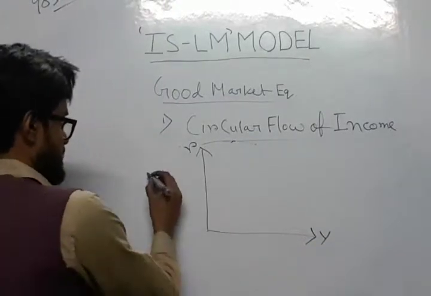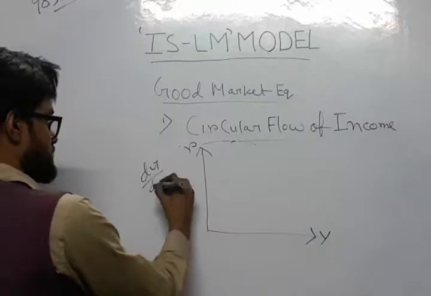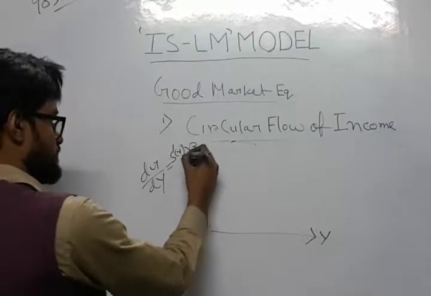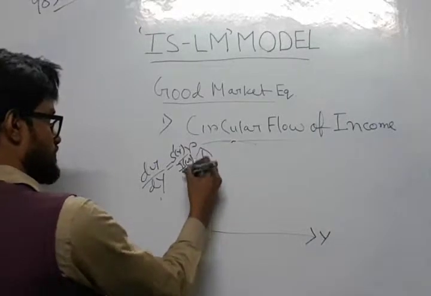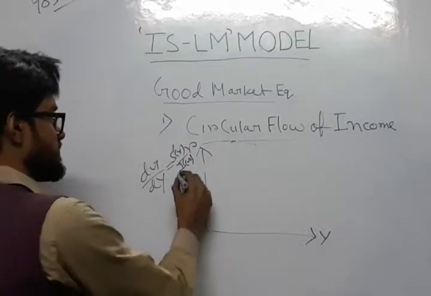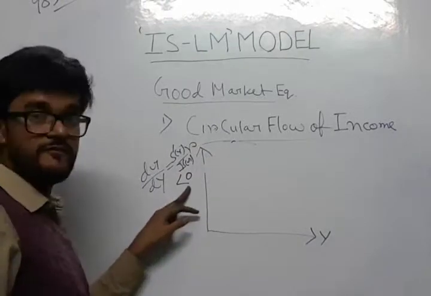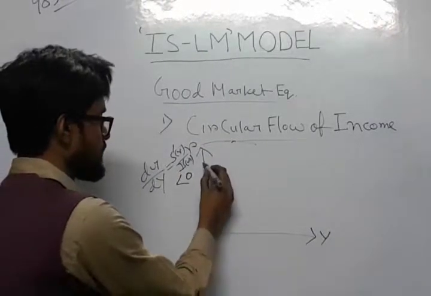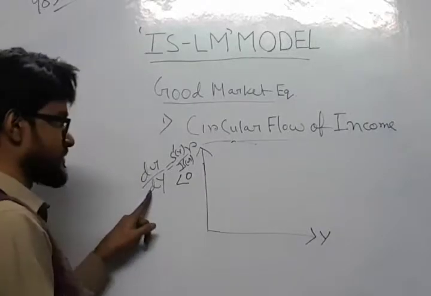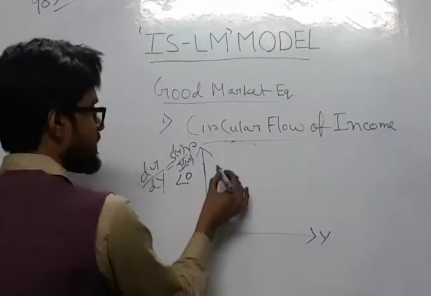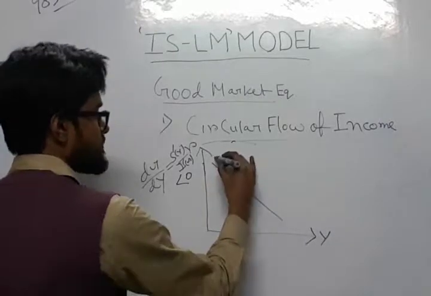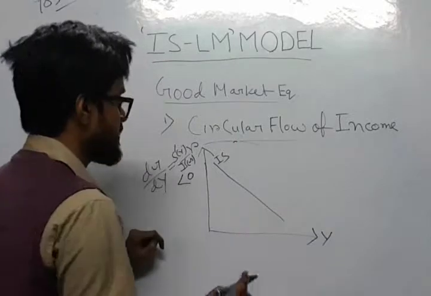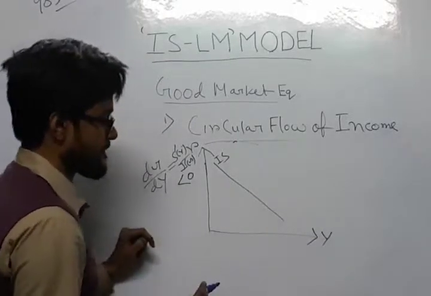As the IS equation states, this is negative, as we have found it to be negative. So the slope of the IS curve is negative, which means it is downward sloping. This is the IS curve.